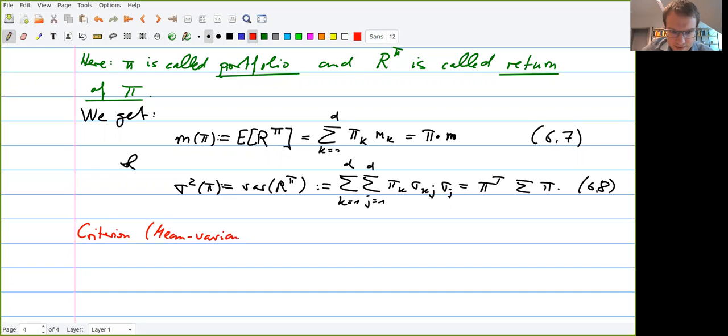So the mean variance criterion, what we aim for, and we will solve it next time, is choosing the expected return.